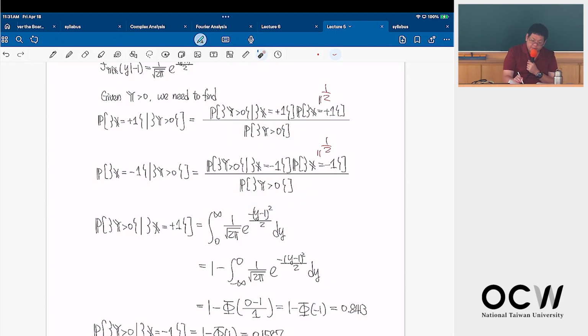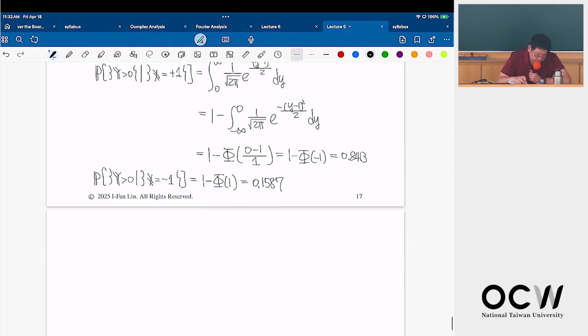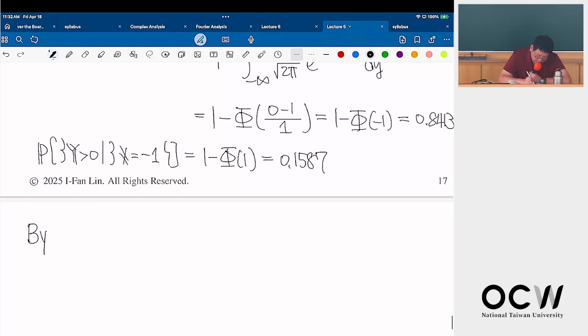But we may be curious about the probability of y greater than 0. So how do we find it? We can use the total probability law.